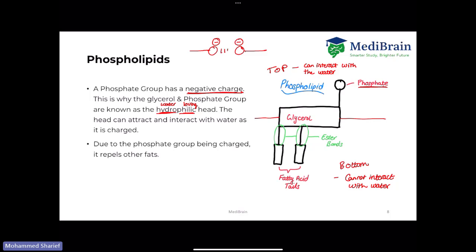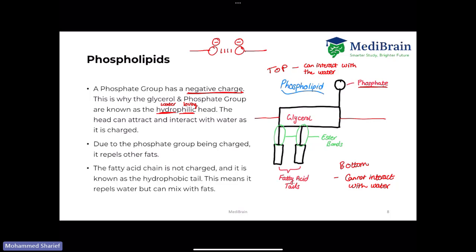What's going to happen is that both of these are going to repel each other. Okay, they're just going to try push into each other, but ultimately they're going to repel each other. Okay, they're not going to have any luck getting close. Okay, so because there's a phosphate group present on sort of every fat, when they come together, they're just going to repel each other because both of them have the same charge.